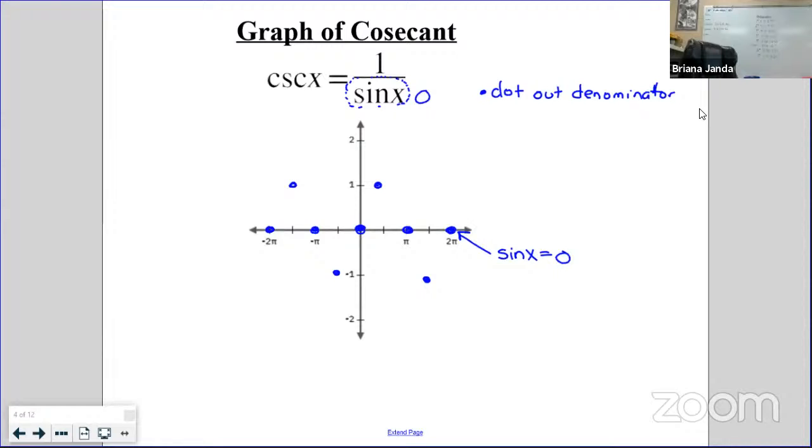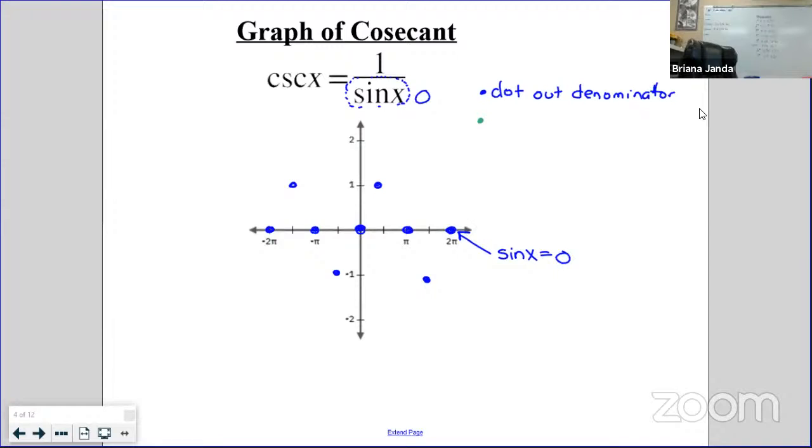undefined, okay? So now we go to step number 2, and every dot on our midline, we have 1, 2, 3, 4, 5 of those, we will then put in a vertical asymptote because it is undefined at that point. Undefined is a vertical line, so that's not a value for cosecant.